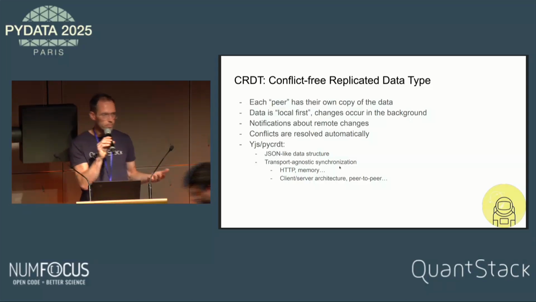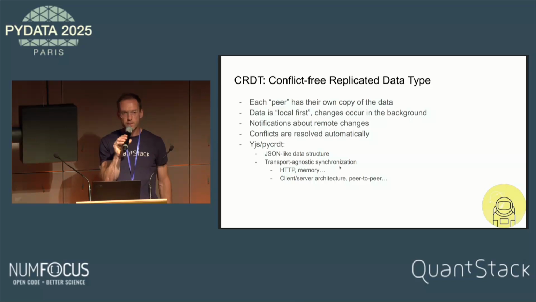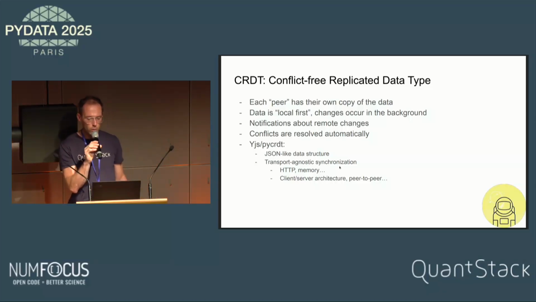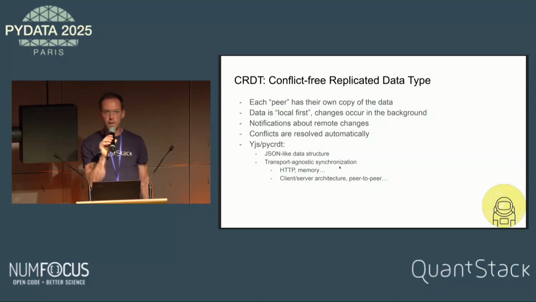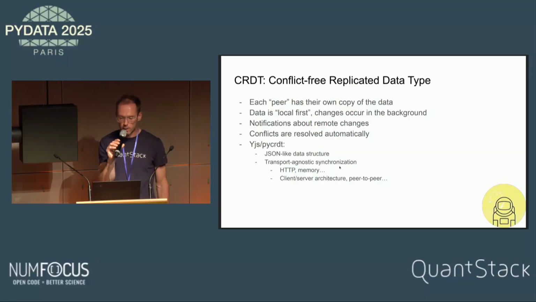It's like structures as we know them: maps, lists, integers, strings, and it makes no assumption about the transport mechanism that you can use to synchronize your data. So it could be HTTP, it could be stored in memory. It could be a client-server architecture. It could be a peer-to-peer architecture. It doesn't care.